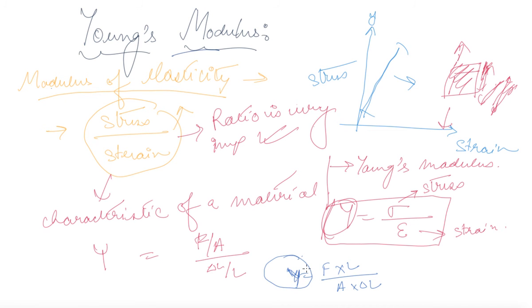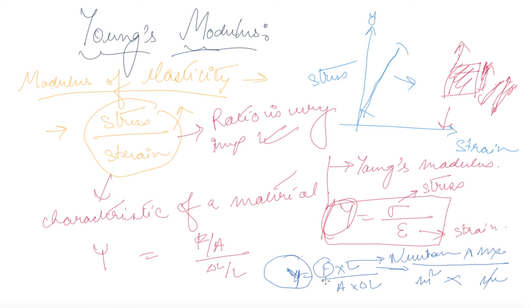It is very easy to calculate the dimensions of a particular expression because you know F is in Newton, the unit of force is Newton, and L is length in meters, divided by A in meter square into del L also in meter. So this meter gets cancelled.